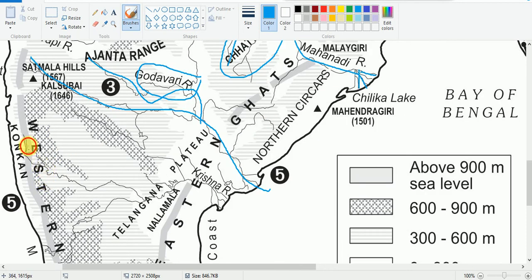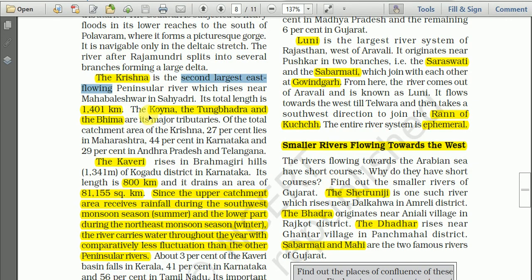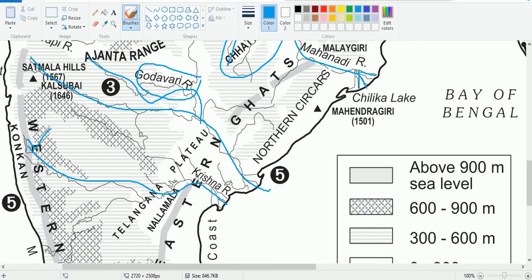It rises from the Western Ghats here. And its total length is 1,401 kilometer. The Koyna, the Tungabhadra, and Bhima are its major tributaries.